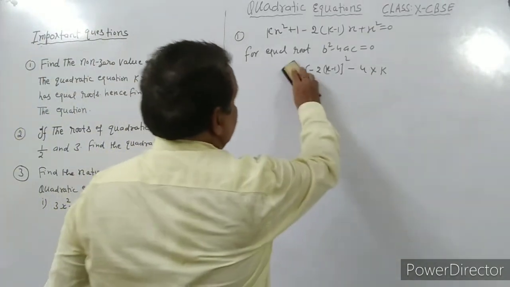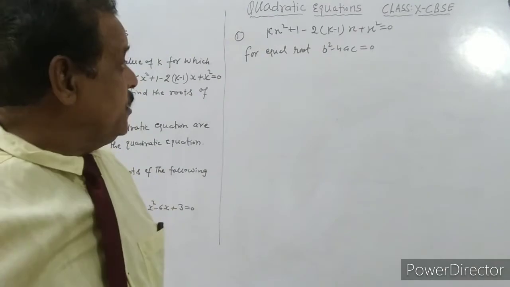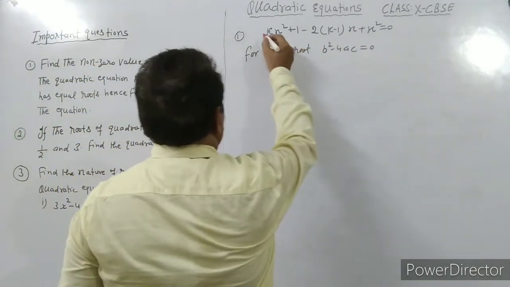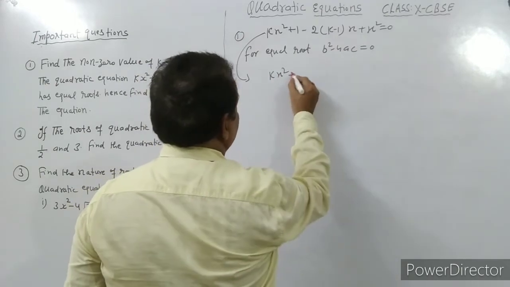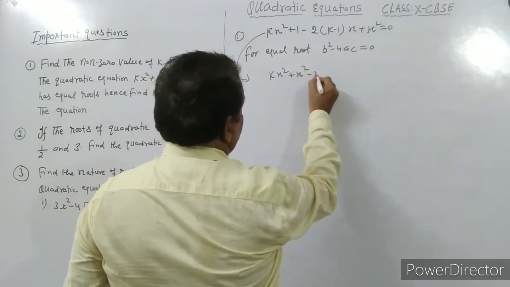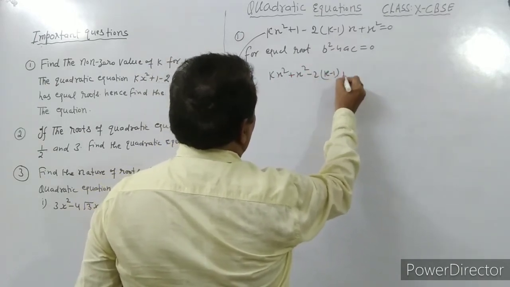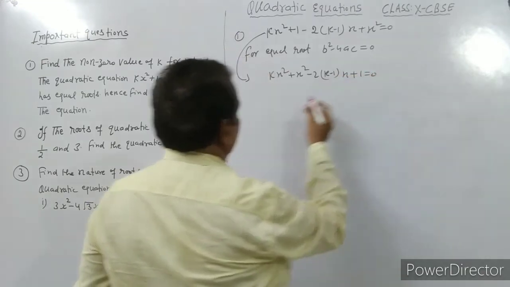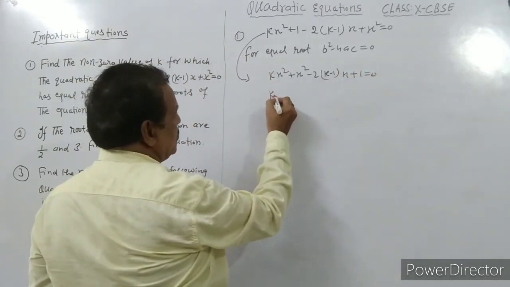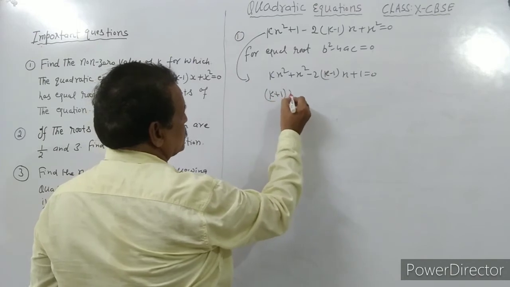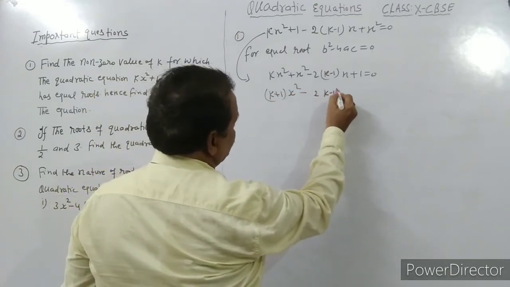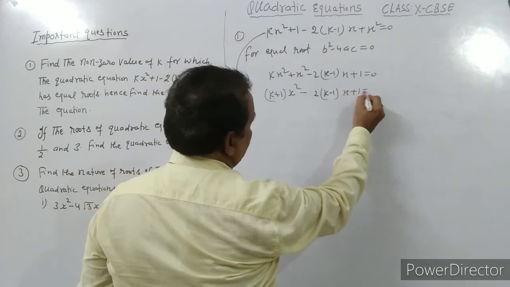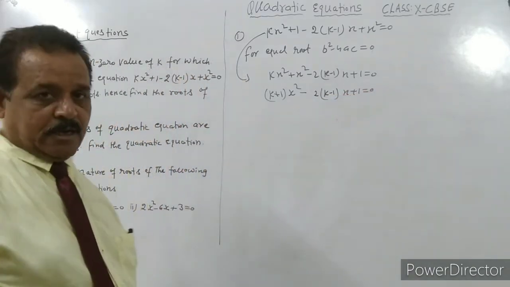So the equation is kx square plus x square minus 2k minus 1 into x plus 1 is equal to 0. Take x square common: k plus 1 into x square minus 2k minus 1 into x plus 1 is equal to 0. Now this is the standard form.